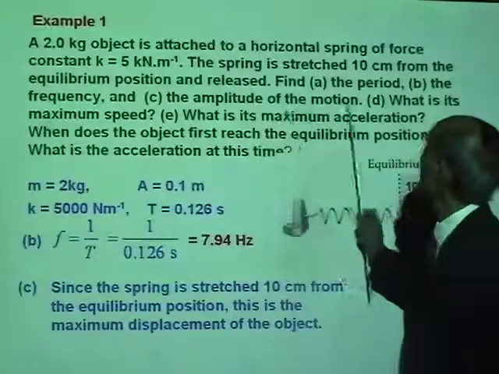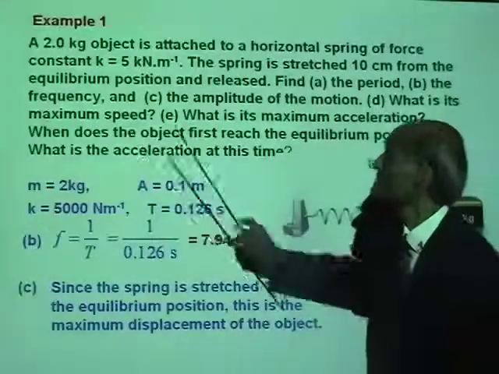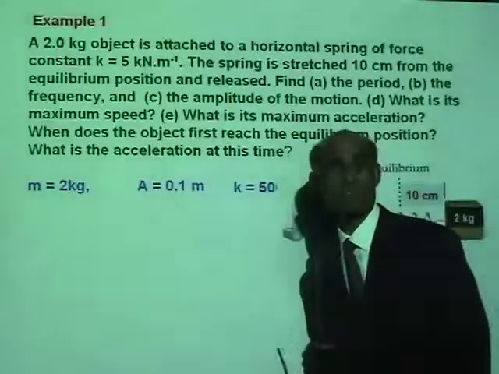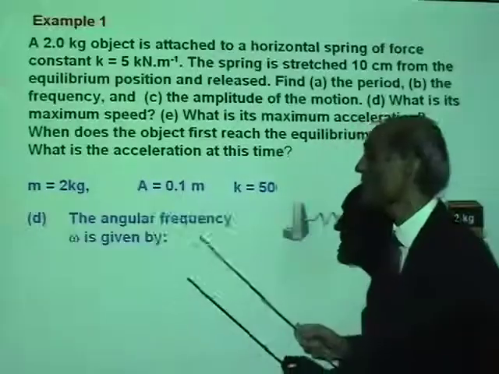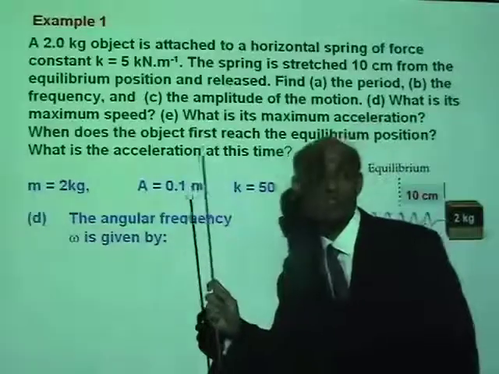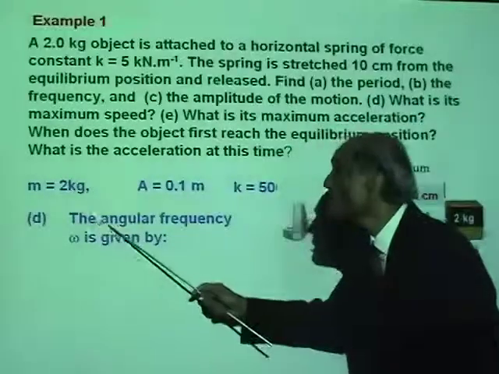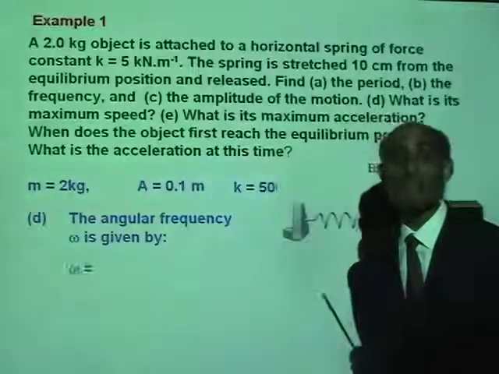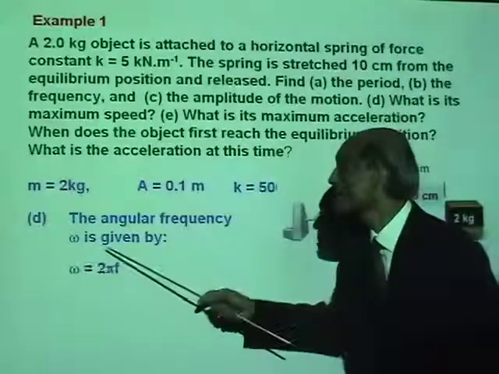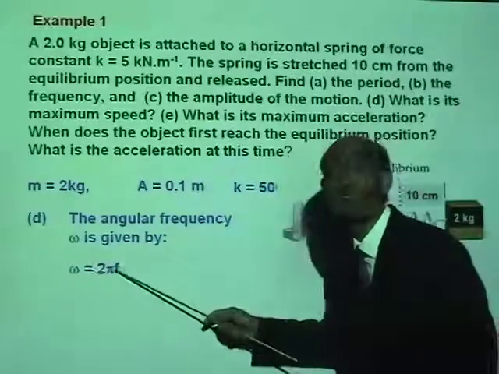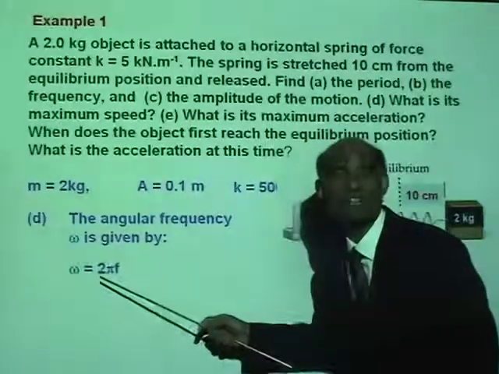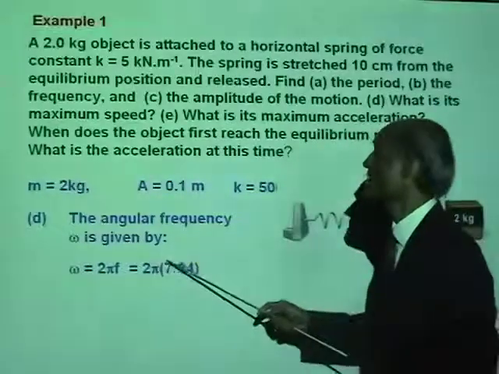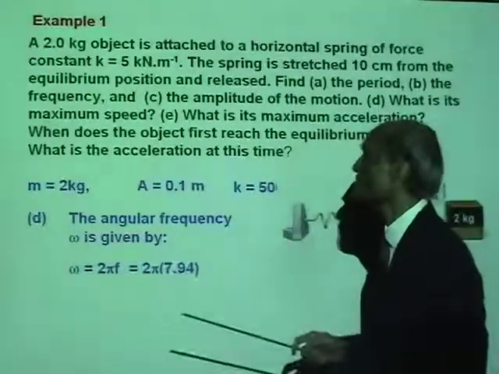What is the next one? What is the maximum speed? Alright, what is the equation for the maximum speed? In order to find the maximum speed, we need to obtain omega. And what is omega equal to? Omega equal to 2πf. We just calculated the frequency, so use that value. We got 2π times 7.94.